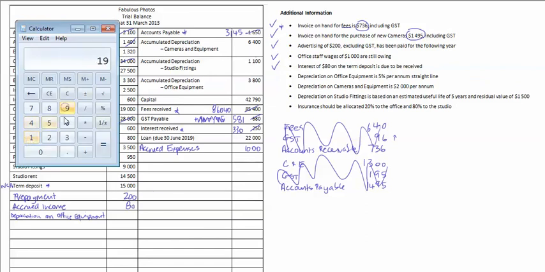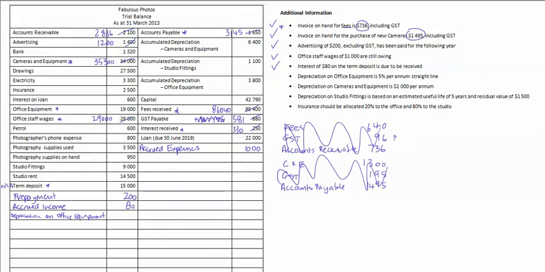I go 19,000, and I want 5%. So I just go times 0.05, which is another way of saying 5%, and that equals $950. So we know that the depreciation for this year is going to be $950, and the accumulated so far is going to increase by $950. I think that makes it $4,750. Okay, so there's that one done.